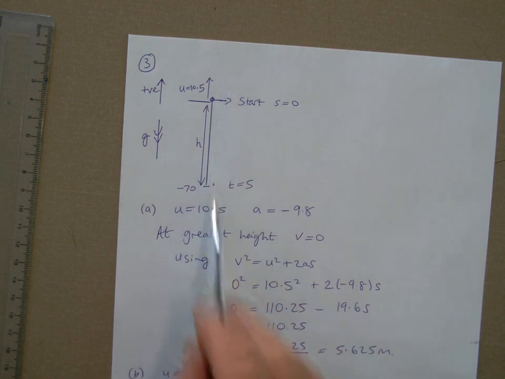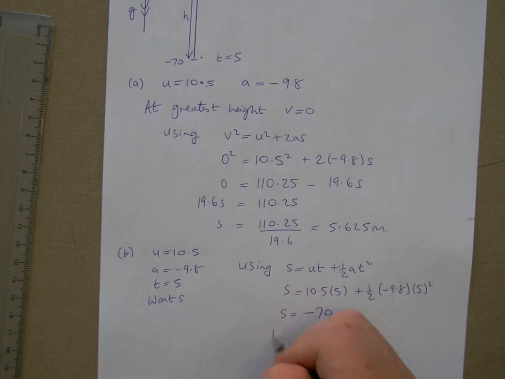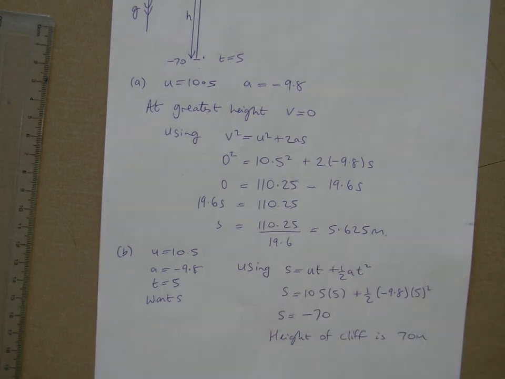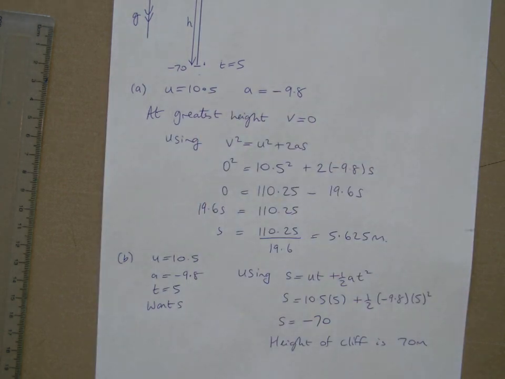We've shown that s is minus 70 when t is 5. So the height of the cliff is essentially just 70 meters. We don't have to put a minus when we say the height. The minus just tells us the displacement, but the total height is 70 meters.